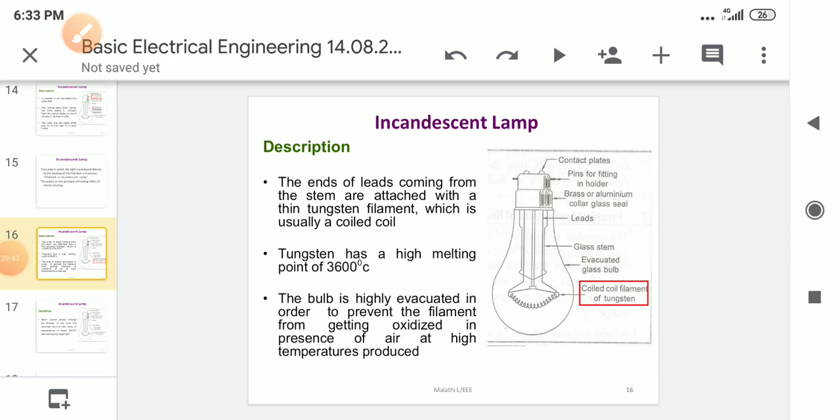Okay. So these are available in different power ratings such as 15 watts, 24 watts, 40 watts, 60 watts, 100 watts, 120 watts. These are consuming this many watts. That's why nowadays these lamps are replaced with LED lamps.